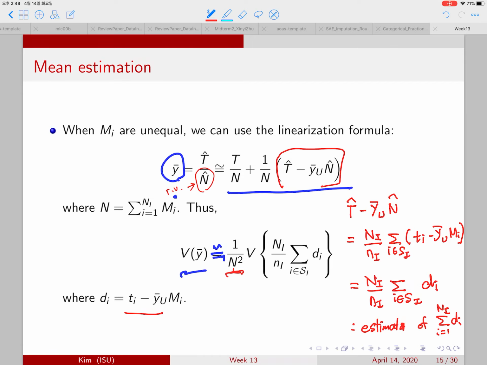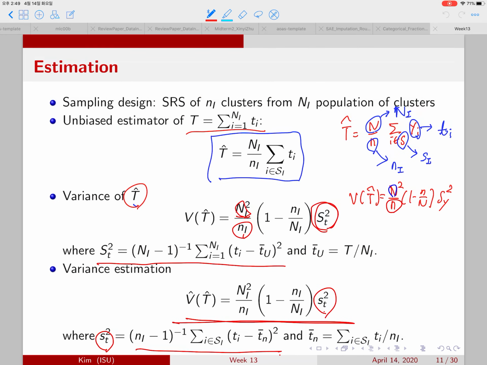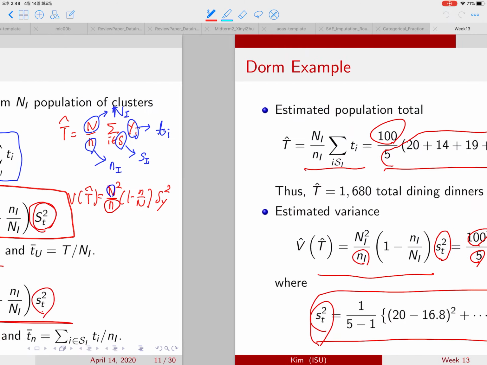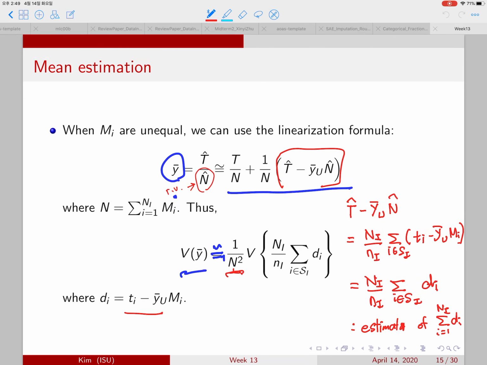So now you already have the formula here. The formula is the total for clusters. You have the formula for the total estimator. So now you just want to apply the formula here.